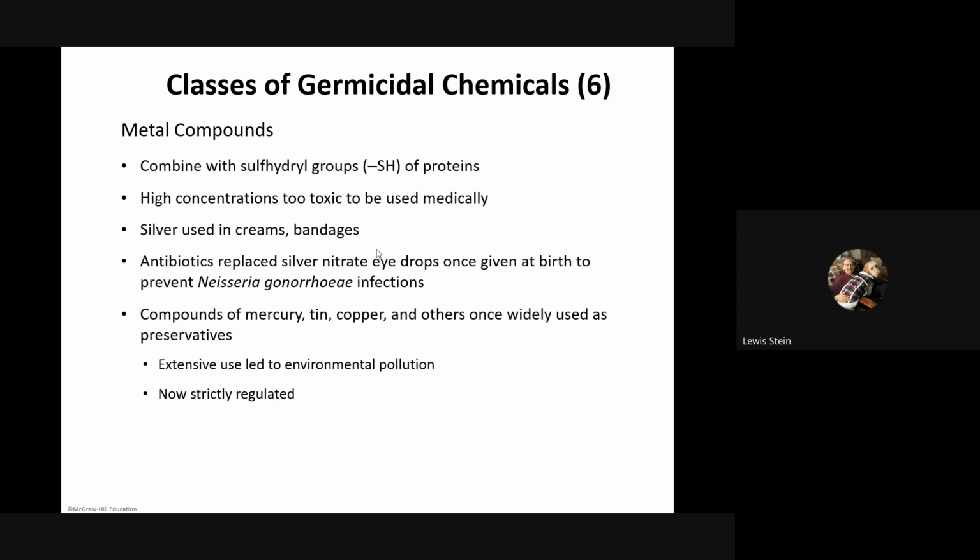If you and I, as adults, got it, we'd get more mercury if we went to the fish fry at church on Friday during Lent. But for a baby, it's a neurotoxin.